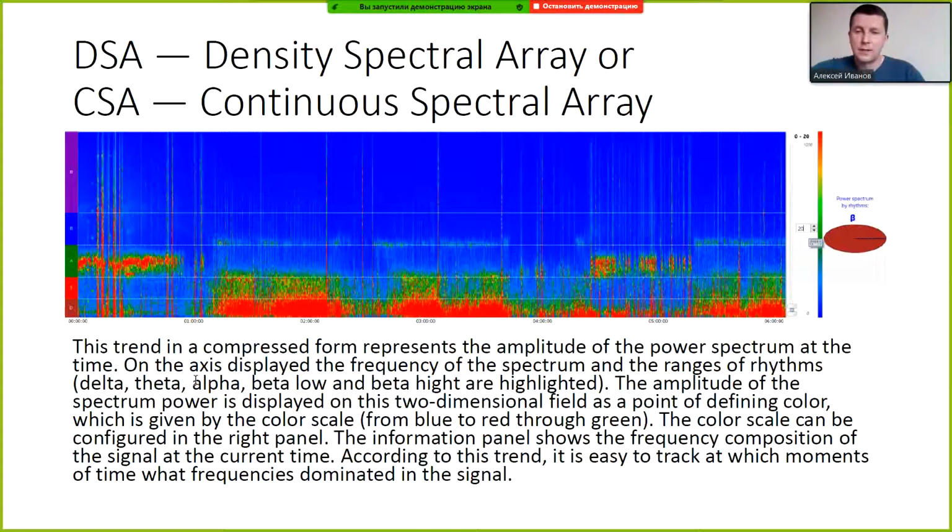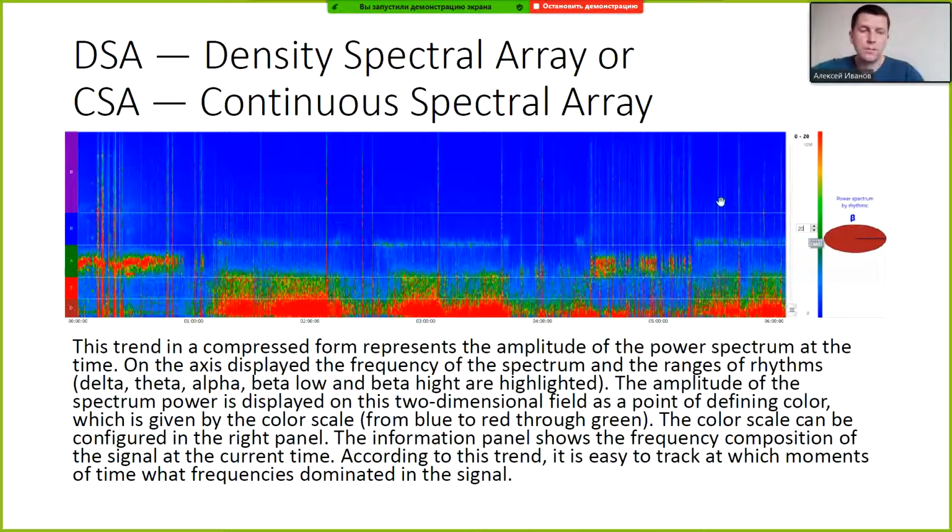On the axis, the frequency of the spectrum and the range of rhythms are displayed: delta, theta, alpha, beta low frequency and beta high frequency. The amplitude of the spectrum power is displayed on this two-dimensional field as a point of defining color, which is given by a color scale from red to blue through green.